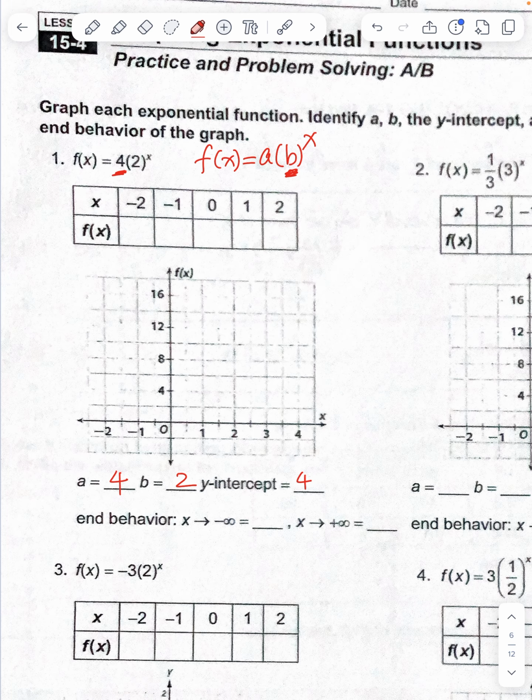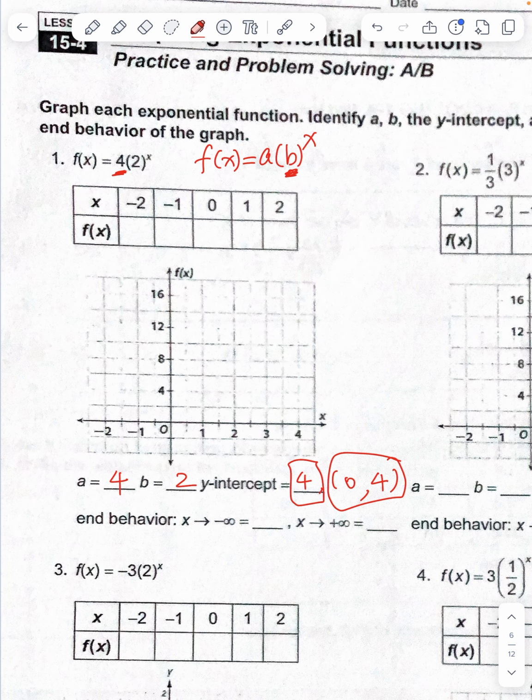Sometimes, if you answer a question on the computer-based test, they may give you an ordered pair, x and y coordinate. So you write x equals 0, y value is 4. This and this both mean y-intercept. And the behavior, so we still have to graph it.